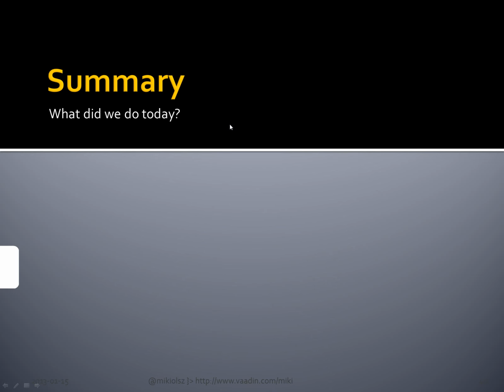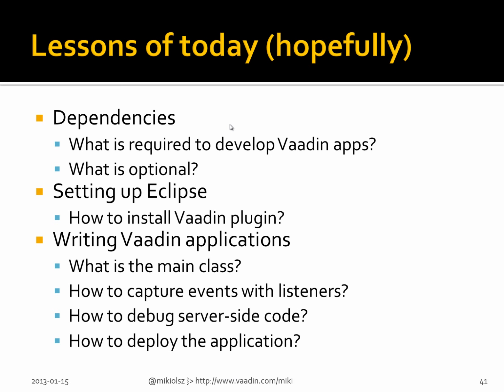All right. So the summary of this talk. What we learned today, hopefully, is what the dependencies of Vaadin are and what is required, what is not required but optional, what is strongly recommended. You hopefully will be able to follow the steps to set up Eclipse.